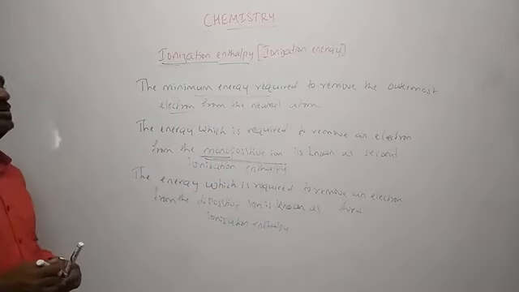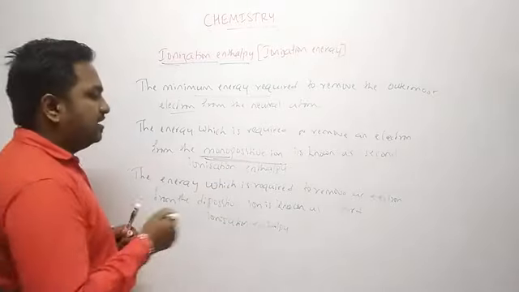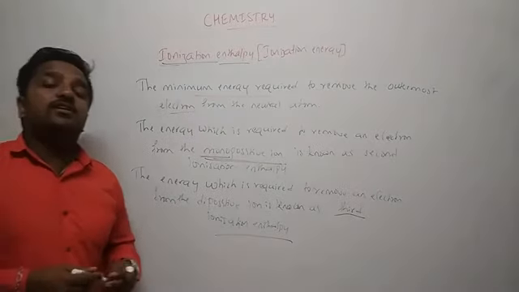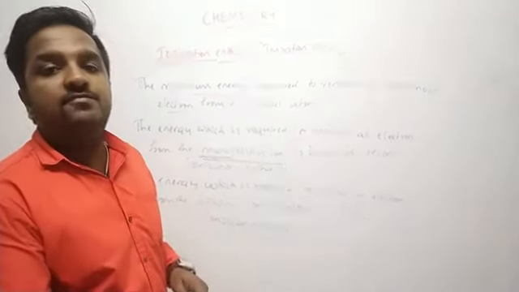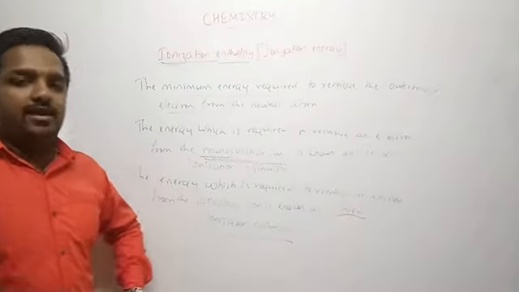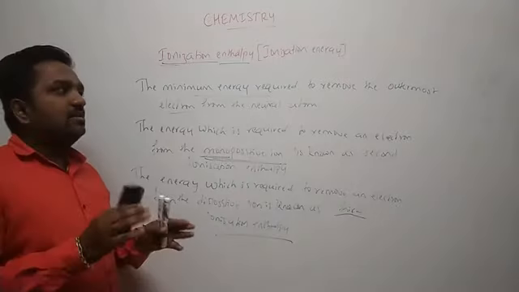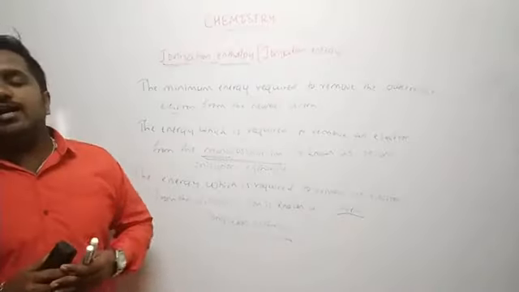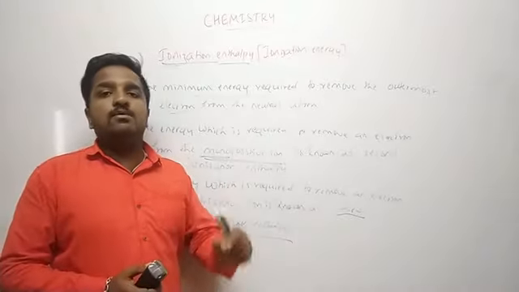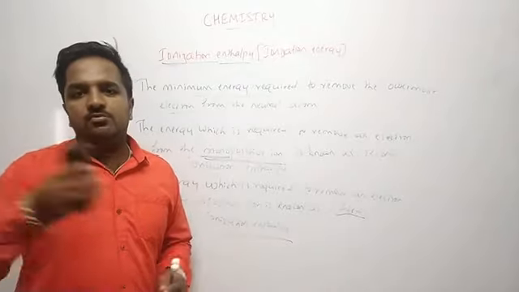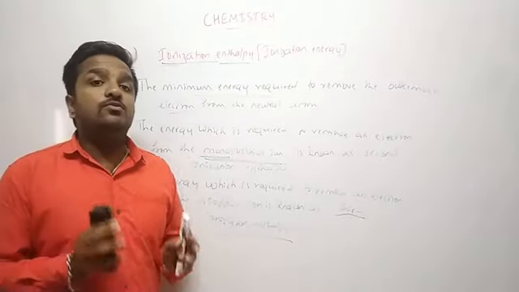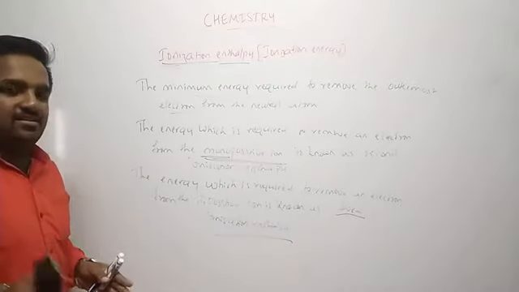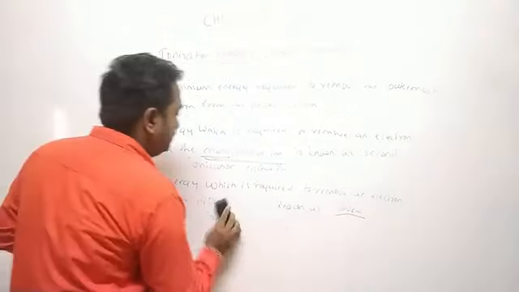Generally, third ionization enthalpy will be higher than the second, and the second will be higher than the first. So this is the concept of ionization enthalpy: the minimum energy required to remove an outermost electron from the neutral gaseous atom. Now let us look at the trends along the periodic table.